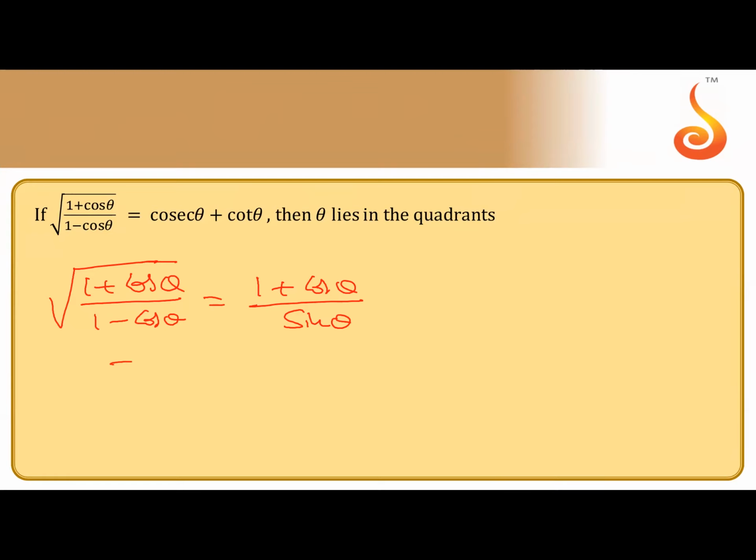Here the left side is positive because of the root, and so this entire value must be positive. The root is always positive, so the entire value should be positive.